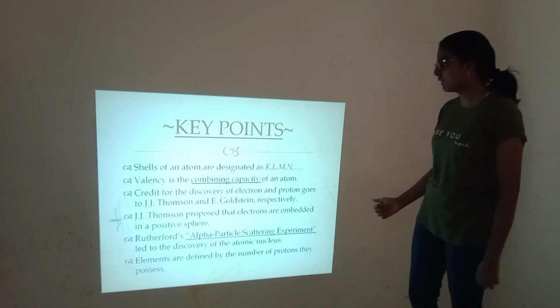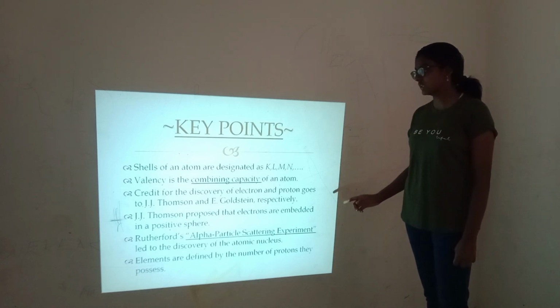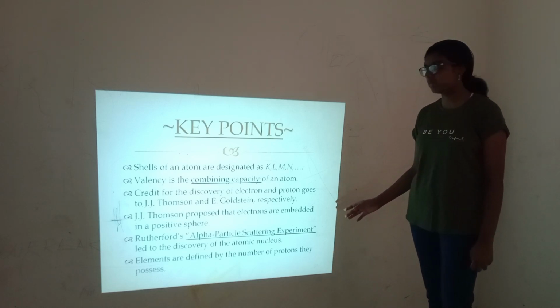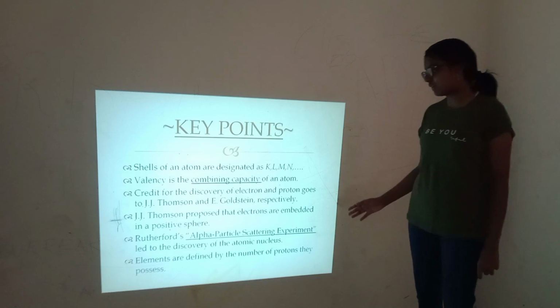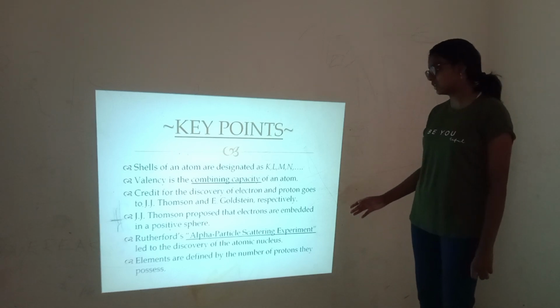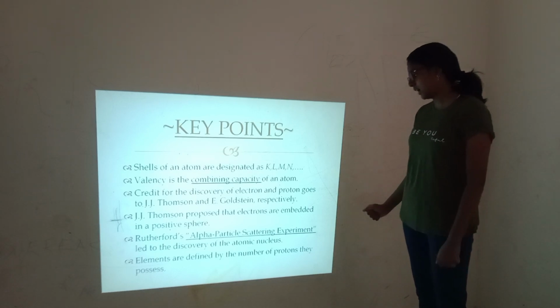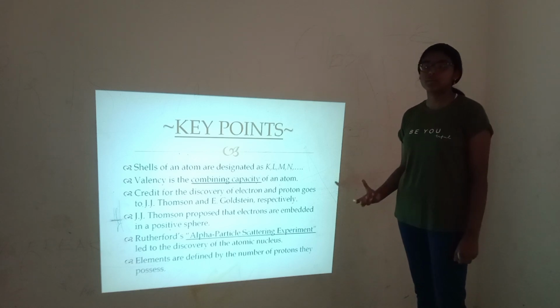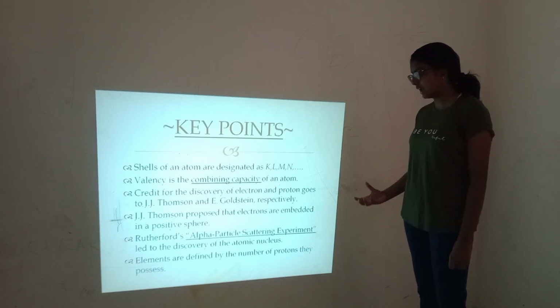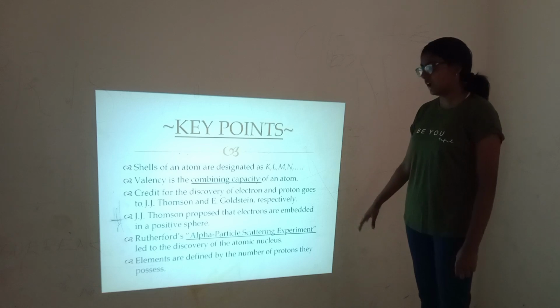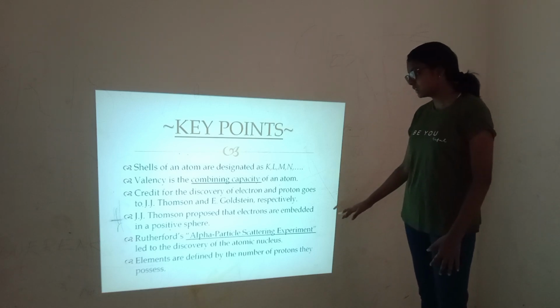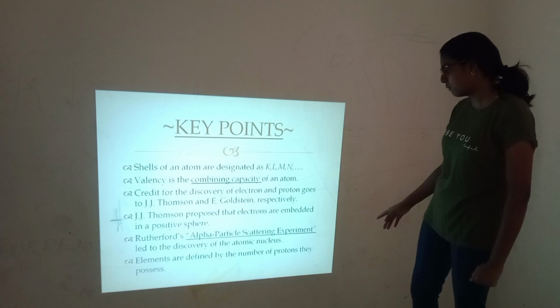Credit for the discovery of the electron and proton goes to J.J. Thomson and E. Goldstein, respectively. Rutherford's alpha particle scattering experiment led to the discovery of the atomic nucleus, which is very hard and dense, and it also consists of protons. Elements are defined by the number of protons they possess.